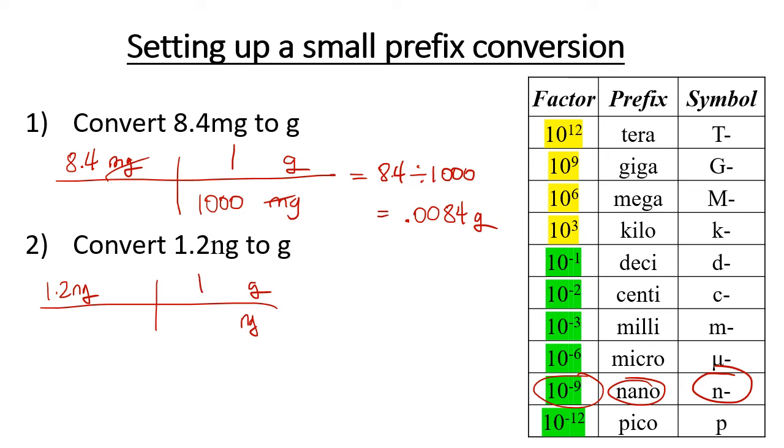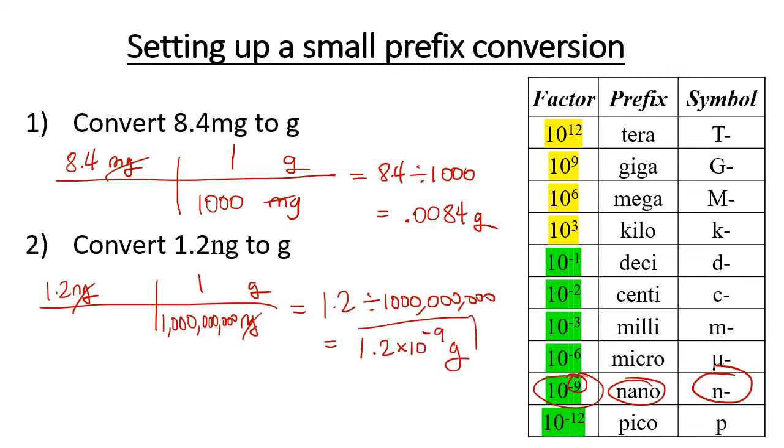And what goes on the bottom is the number of zeros that matches the exponent of 9. And so that would be 9 zeros. Okay. Units cancel. And so what we have here is 1.2 divided by 1 with 9 zeros after it. And we get something like this, 1.2 times 10 to the negative 9 grams.